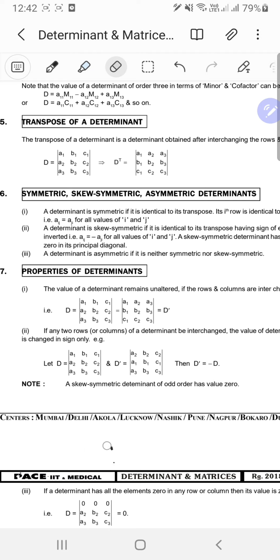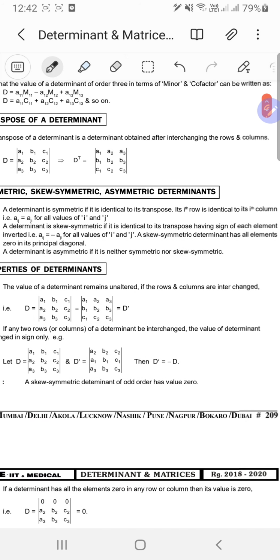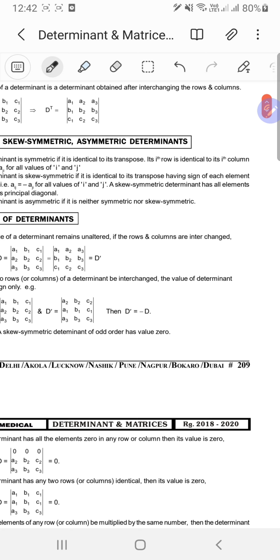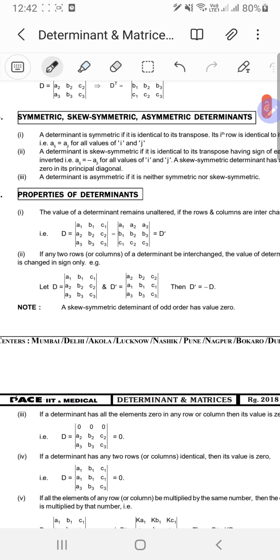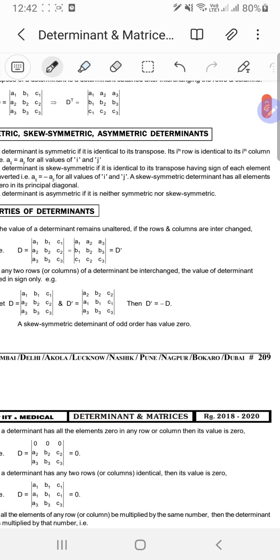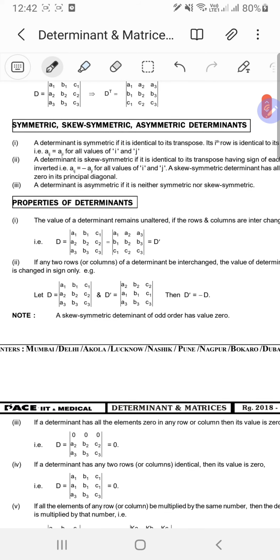And skew symmetric is, what is this? A determinant is skew symmetric if it is identical to its transpose having sign of each element inverted, for all values of i and j. Okay, cool, I get it. A skew symmetric determinant has all elements 0 in its principal diagonal.